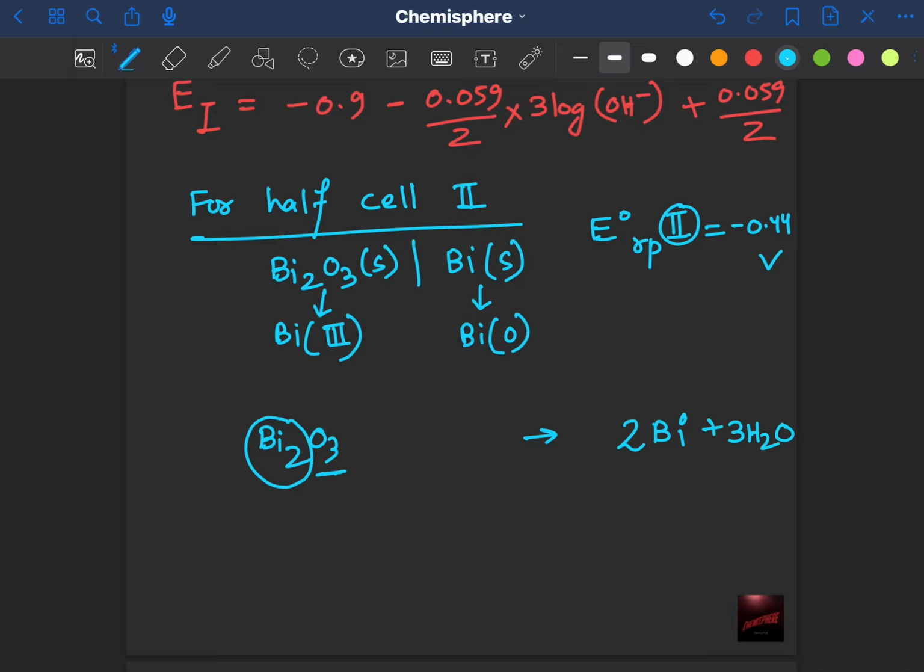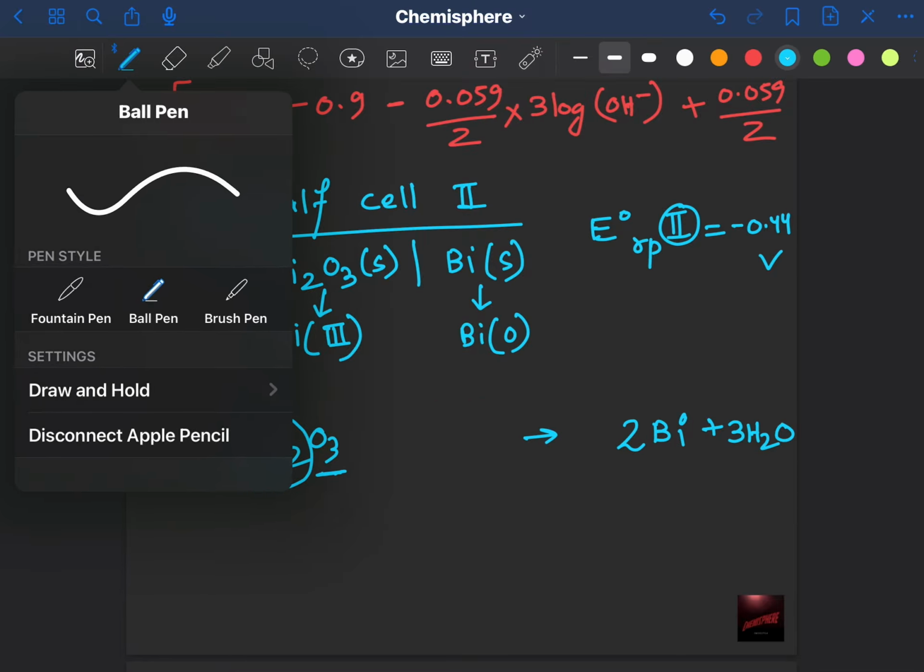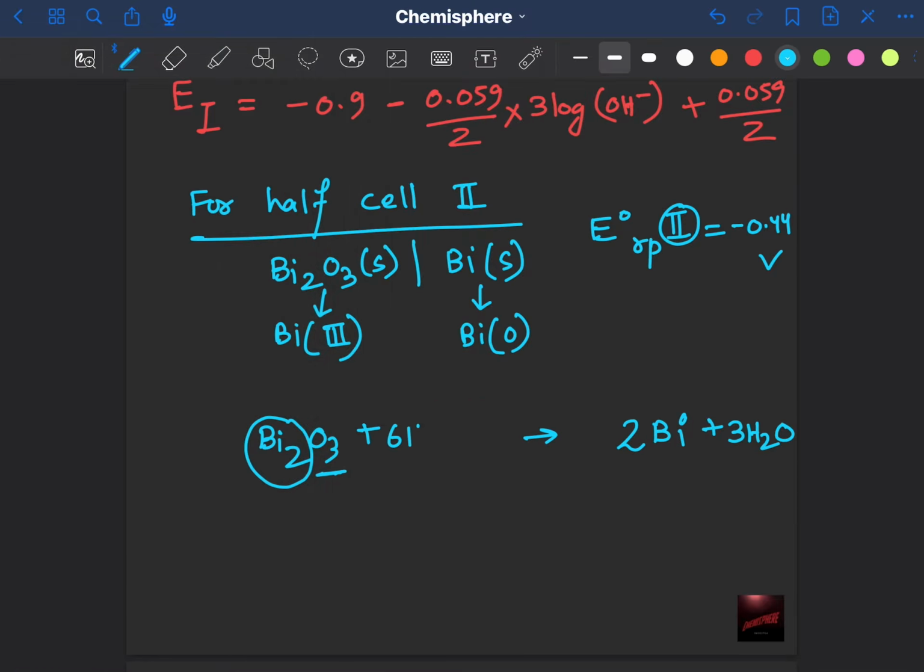Okay, now let us see the deficiency of H. So here we have 6H, here we have 0H, so therefore we will add 6H2O on this side, that is plus 6H2O, and then an equal number of OH minus has to be added.